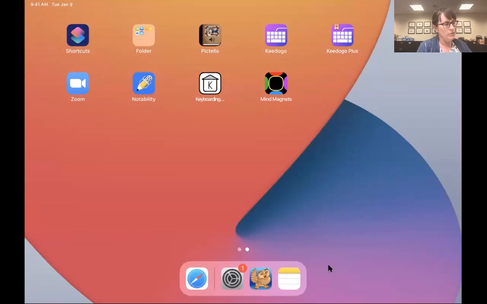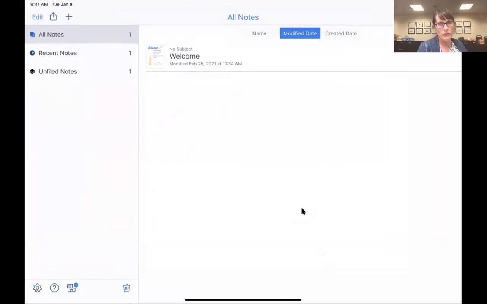So I got really into using Notability last year with many different types of students, mild, moderate, severe, what have you. One of the main things I've found is you might have students that just have difficulty writing. Maybe it's their handwriting, or maybe it's their processing.